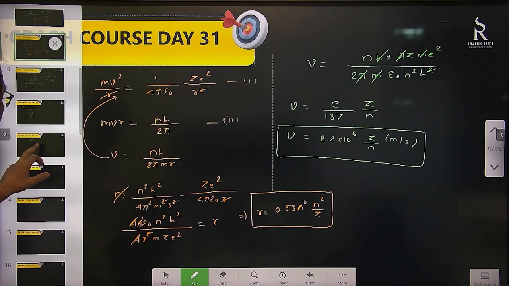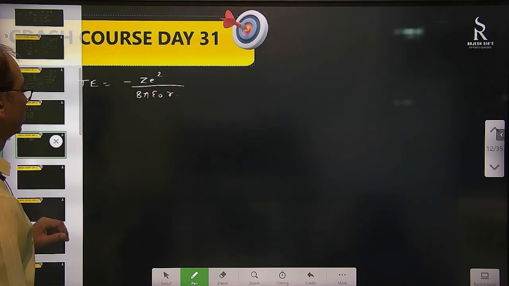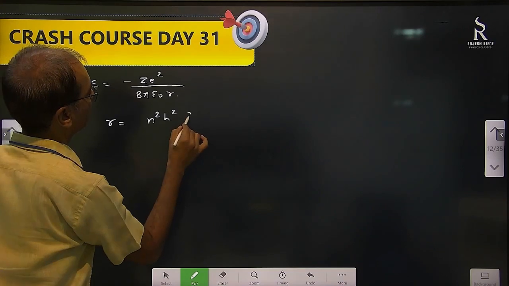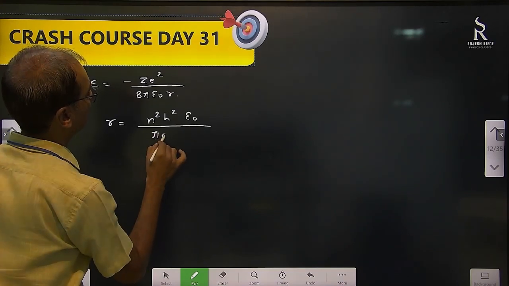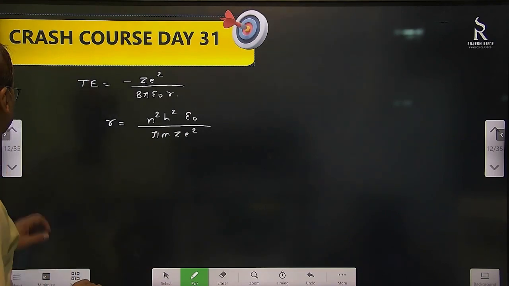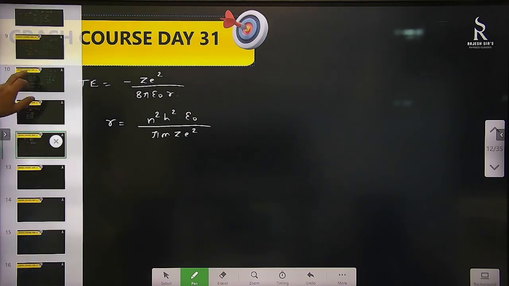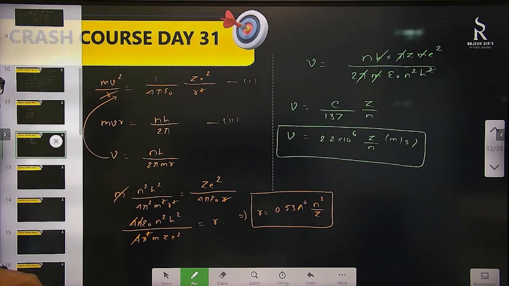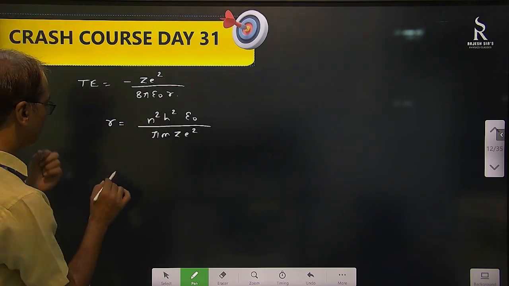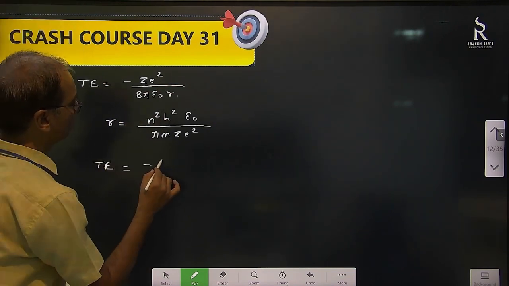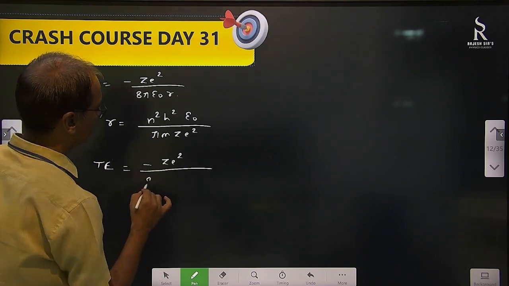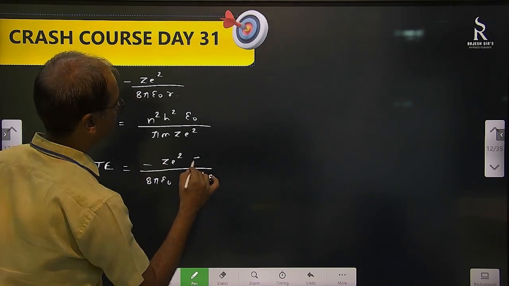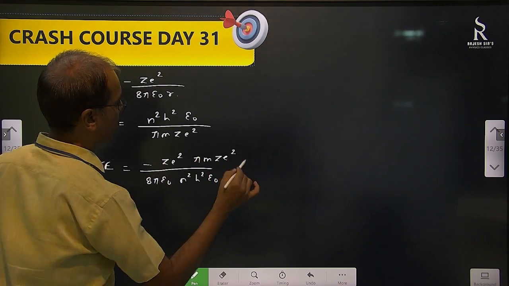Let's see whether I remember it or not. R is equal to N square h square epsilon naught by pi m Z e square. Let's check once. Perfect. Now this value of R I am going to keep here. See total energy: minus Z e square by 8 pi epsilon naught, R value N square h square epsilon naught by pi m Z e square.